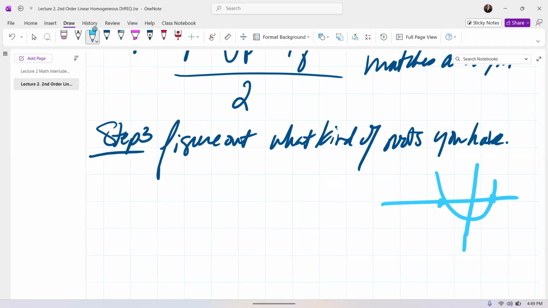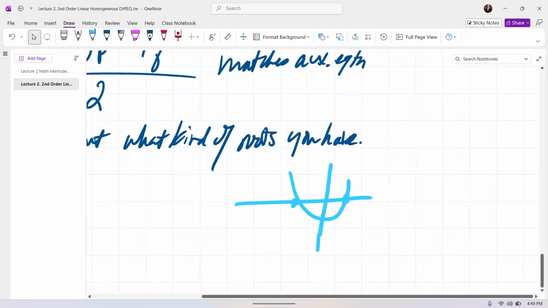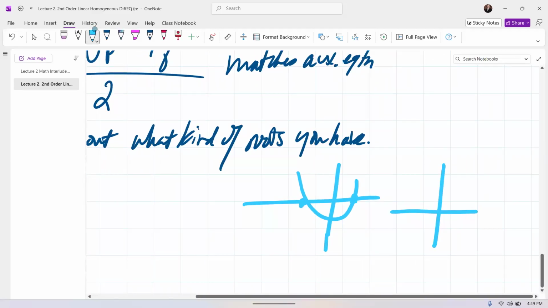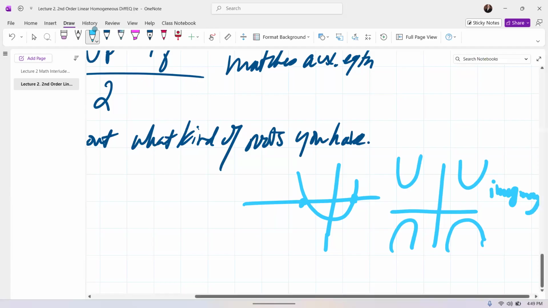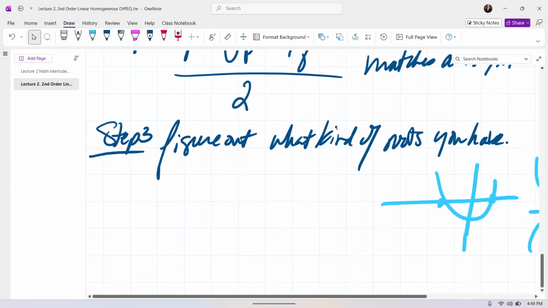Great. But what happens if your parabola didn't cross? There are parabolas that do not cross, right? So the answers would be imaginary. So what we need to do is find out what kind of roots we have.